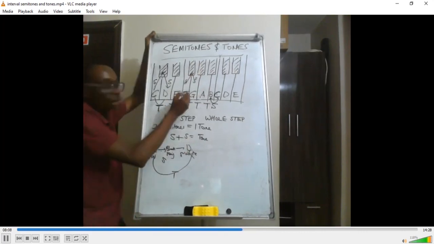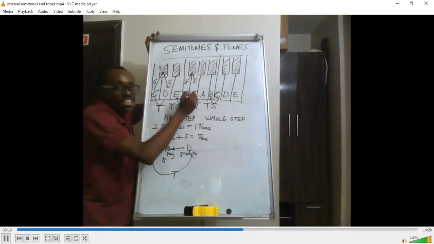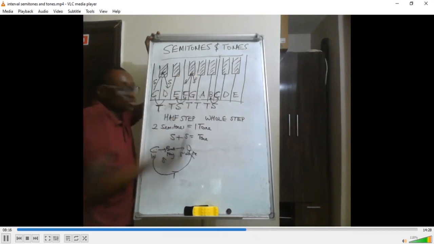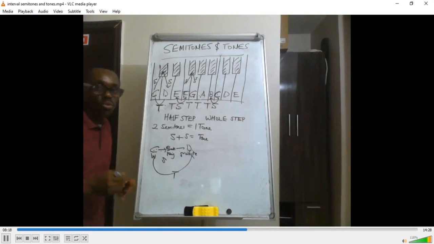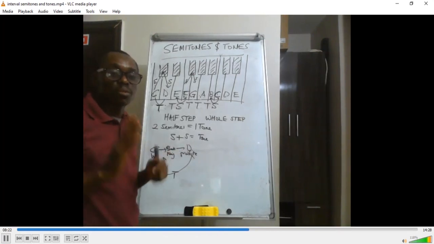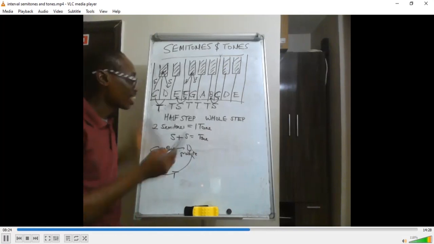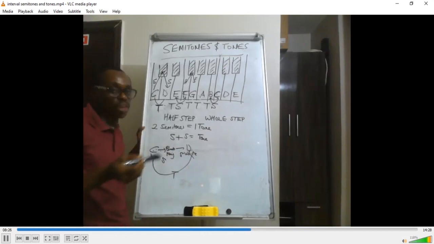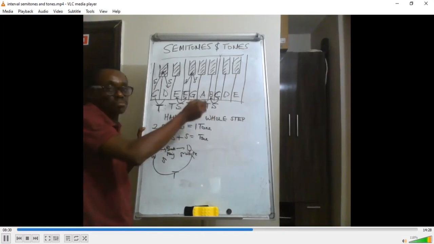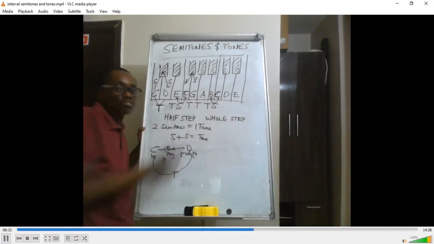But altogether, if you move directly from F to G, you have a tone. So one semitone plus another semitone makes a tone. Wherever you have a tone, it is made up of two semitones, or in the American way, a whole step is made of two half steps.